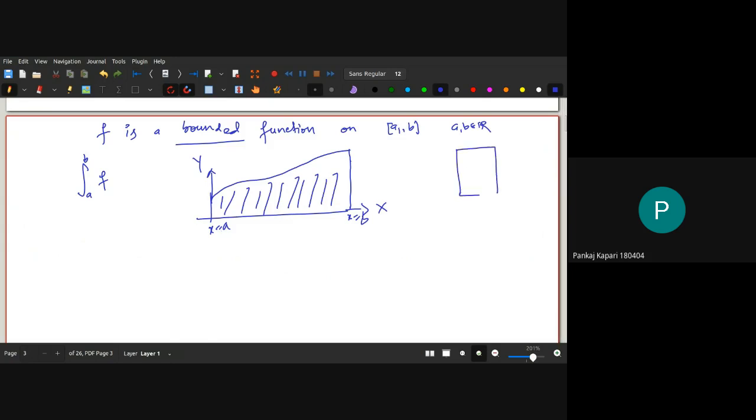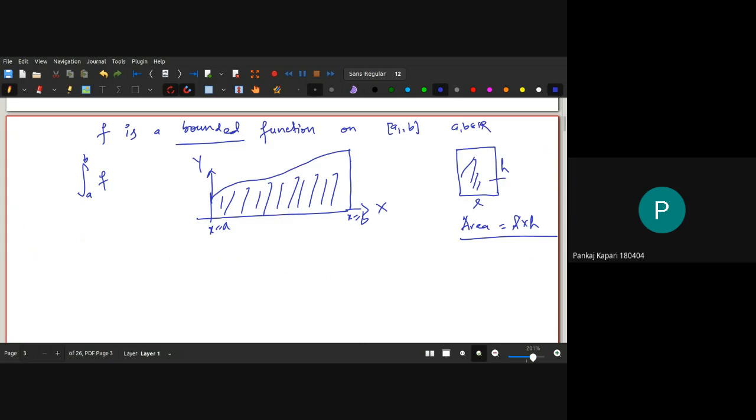If we have a rectangle with some length and height, the area is length times the height.